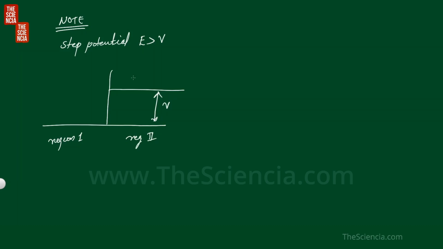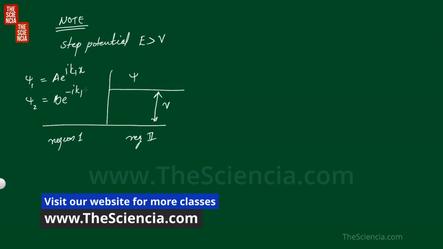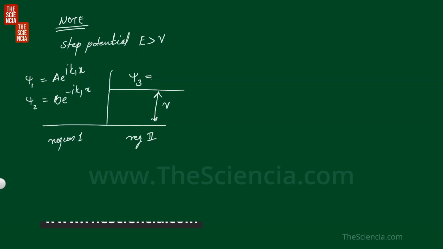And the wave functions in region 1 and region 2 we know. In region 1 there is a forward travelling wave that is equal to a e raised to i k1x and a backward travelling wave that is b e raised to minus i k1x, and in region 2 a forward travelling wave is there, that is c e raised to i k2x.